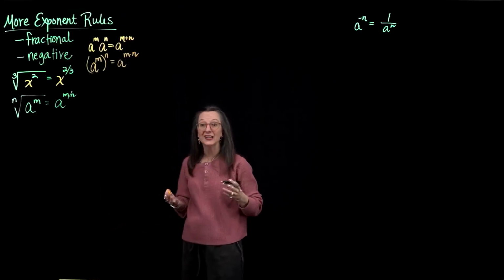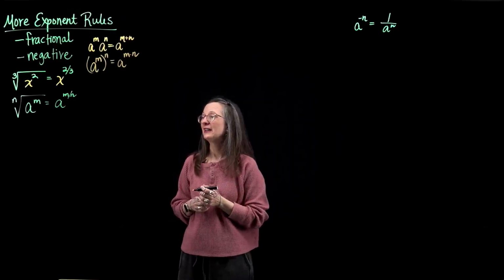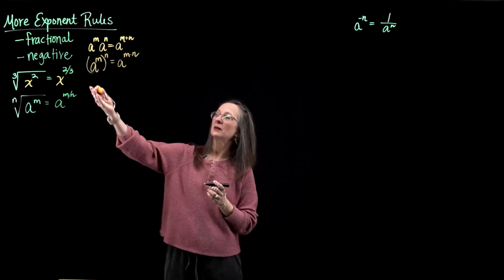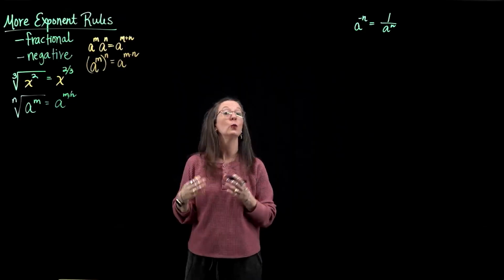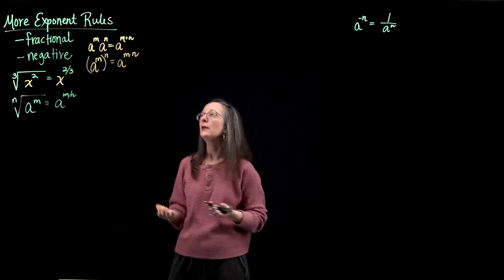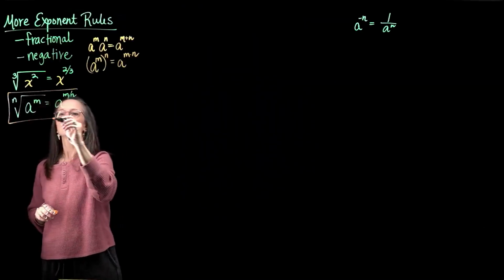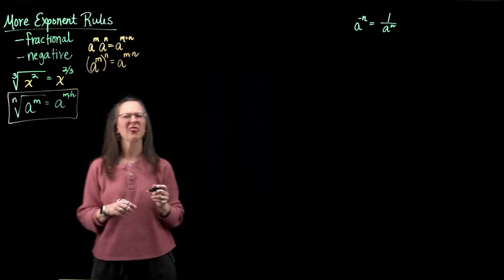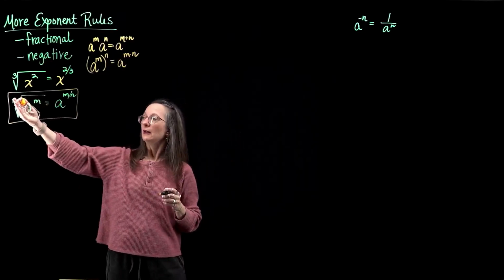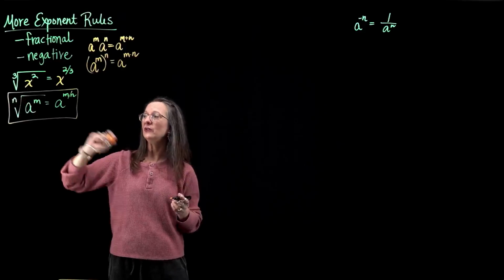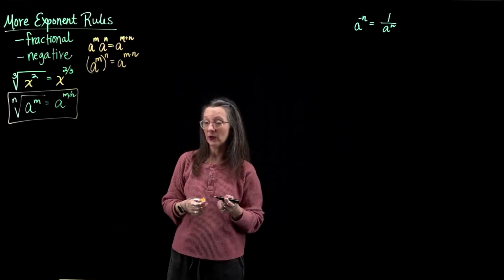So those are our previous exponent rules. Now, the fractional exponent folds right in with that. In general, if I have a to the m power and we take the n root of that, this would be a to the m over n power.